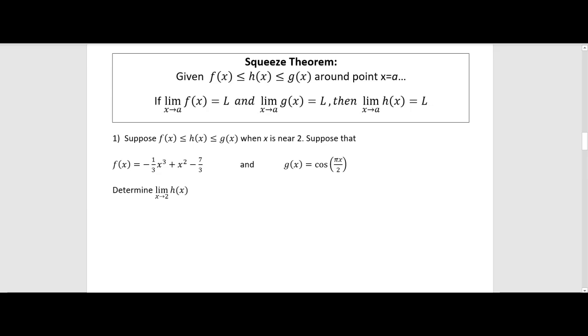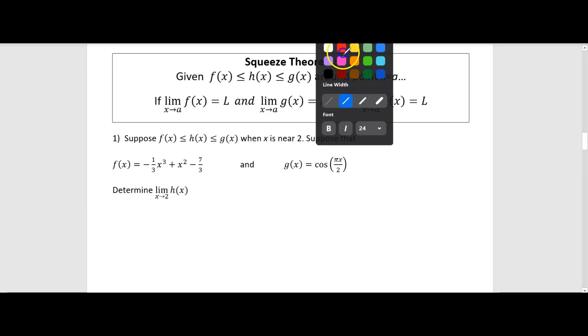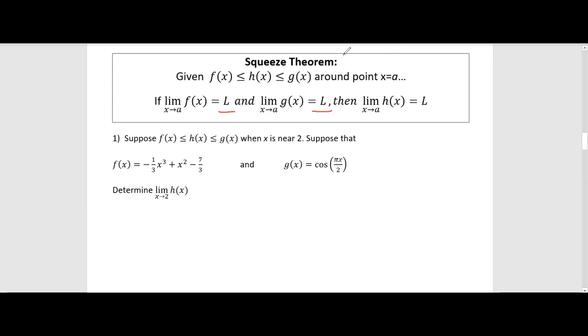So if we know that the top and the bottom function's limits are the same, so in this case they're both equal to L, then the middle function's limit is also going to be equal to L. And you don't actually have to know what the middle function is, or be able to prove what the limit of the middle function is algebraically, right? It may be one of those tough ones that we're just unable to manipulate.